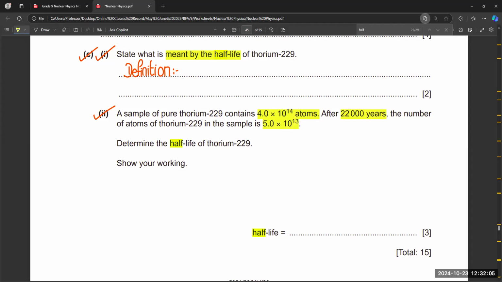Determine the half-life of thorium-229. Show your working. So basically, this is the initial value, right? And this is what we say the targeted value, because according to the question, this is your targeted value.